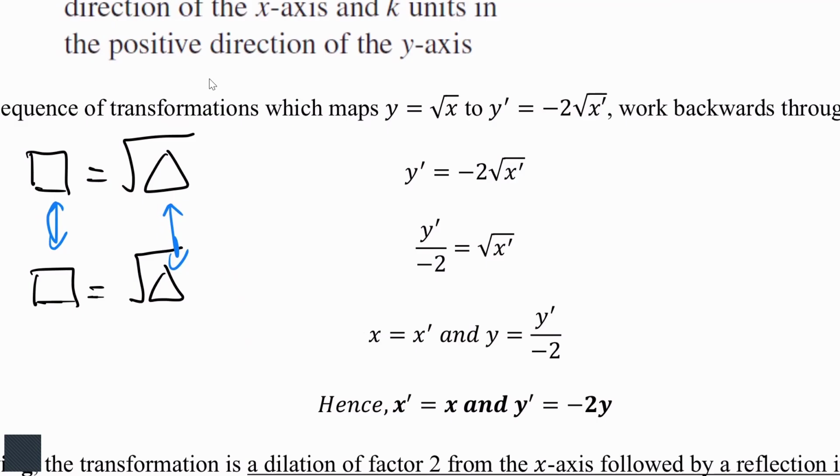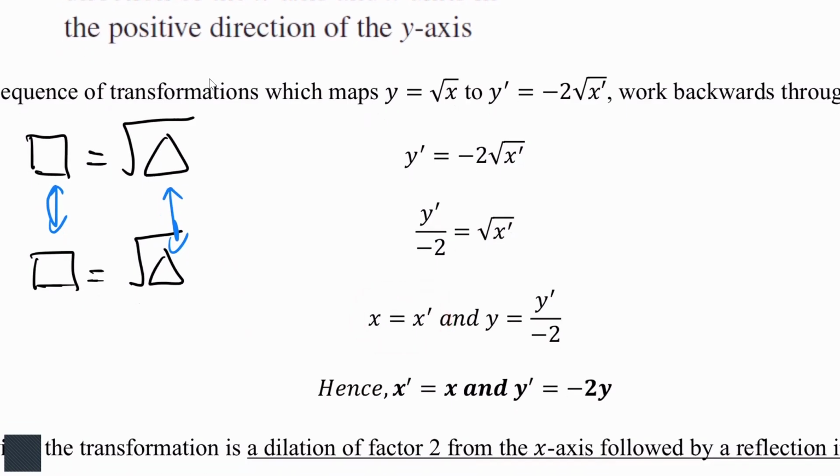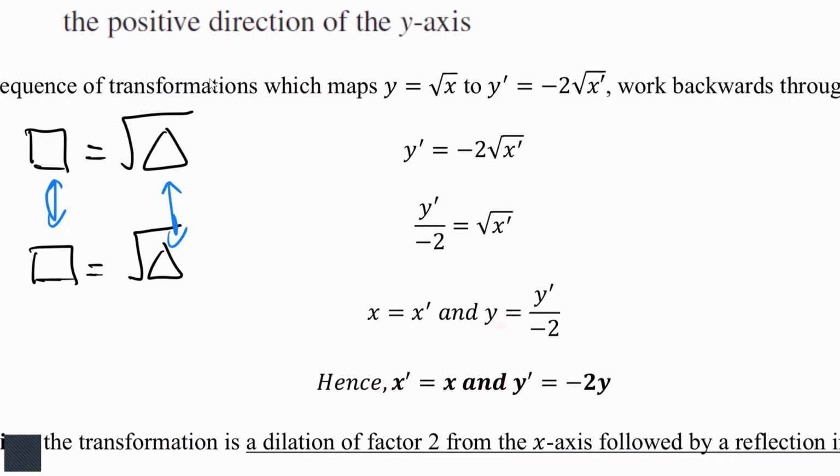Now, let's rearrange to make the new variable the subject. x dash equals x, and y dash equals negative 2y, by timesing everything by negative 2. Basically, this step is about writing the new variable in terms of the original variable so that I can make my observation.